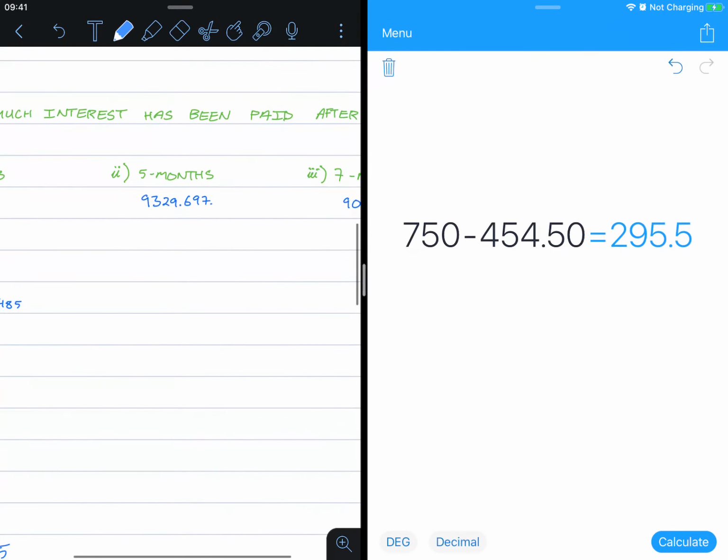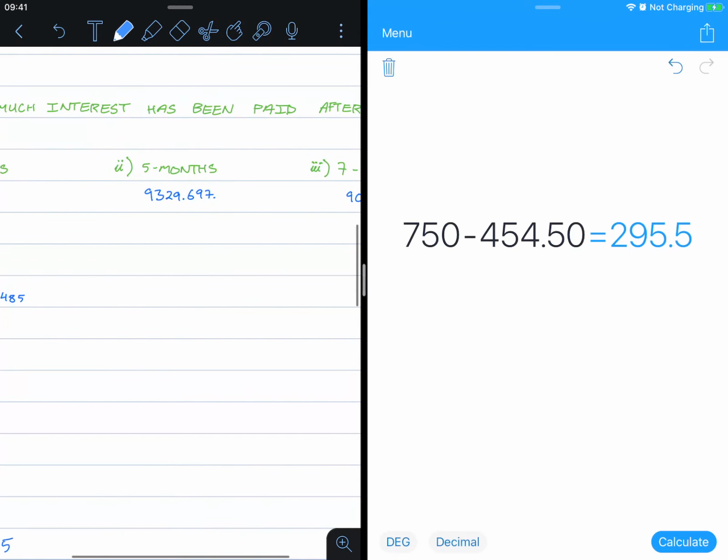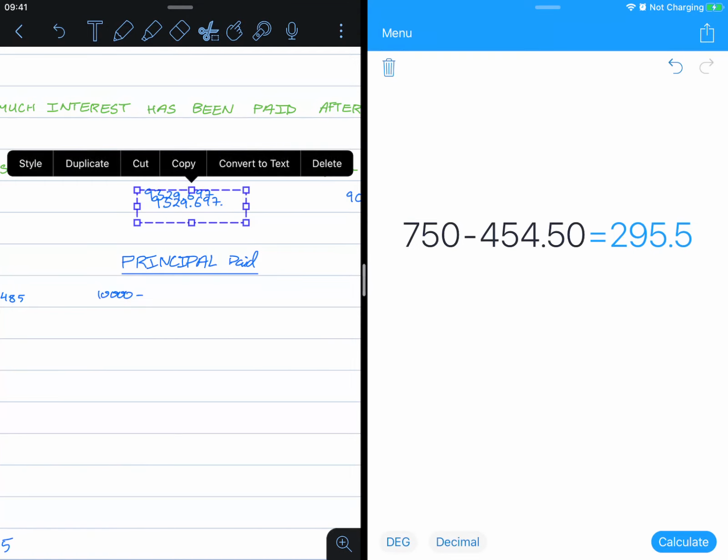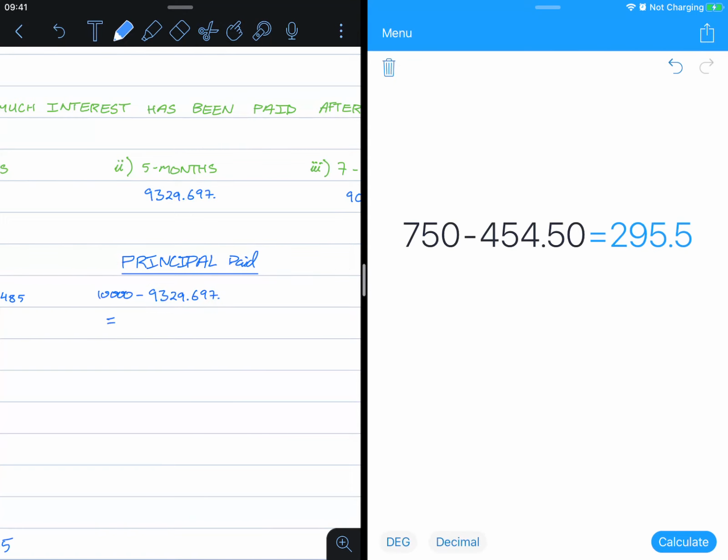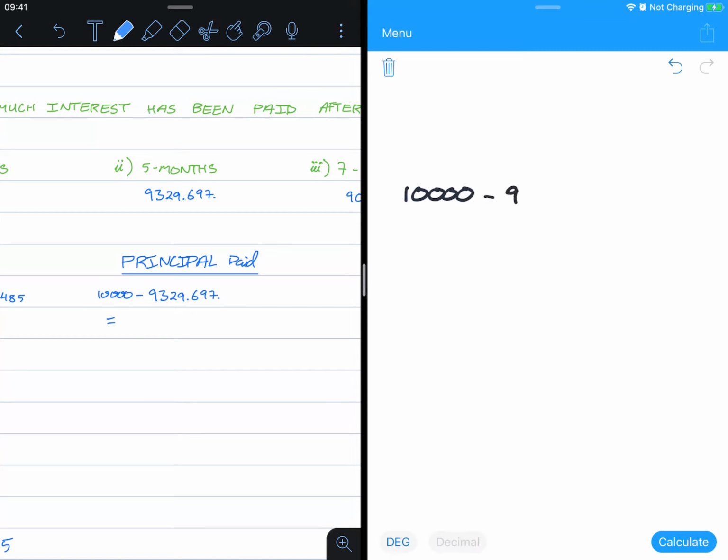We'll repeat this again. Let's find the principal reduction, or the principal amount they've paid. Principal paid, again, is going to be 10,000 minus the amount here. $10,000 minus 9,329.70.